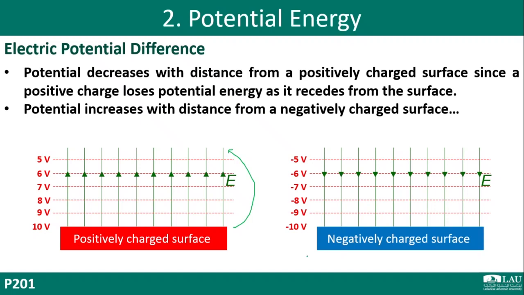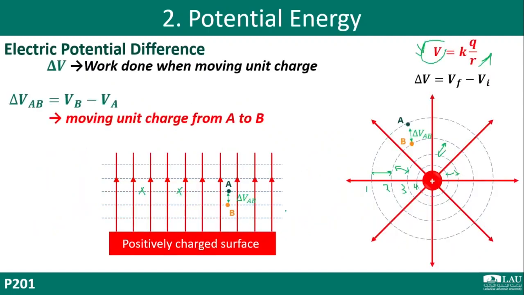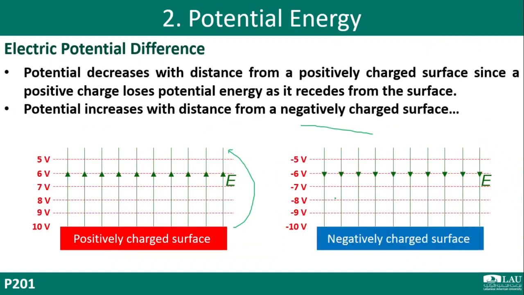Also, for the negative charge, it will decrease in magnitude, but if you take the sign, it will increase until it will be 0 at a certain distance from the surface. We have the same representation for a pointed charge. If that charge had a potential of minus 5 volts, it will be minus 4, minus 3, minus 2, minus 1 until reaching 0.